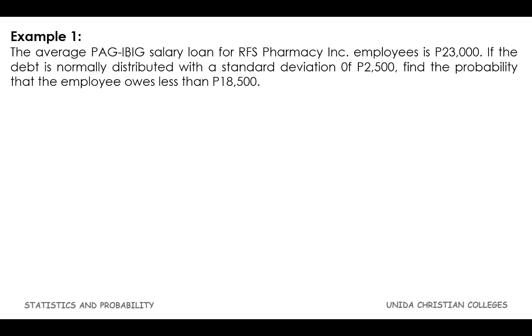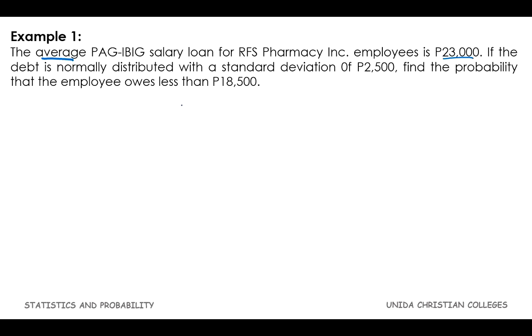The average Pag-IBIG salary loan for RFS Pharmacy Incorporation employees is 23,000. So, meron silang average na mga employee na kung saan nangungutang sila or meron silang salary loan sa Pag-IBIG.